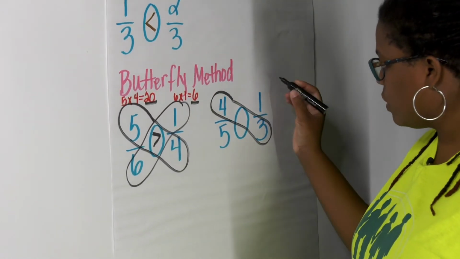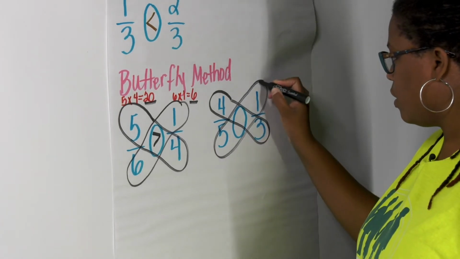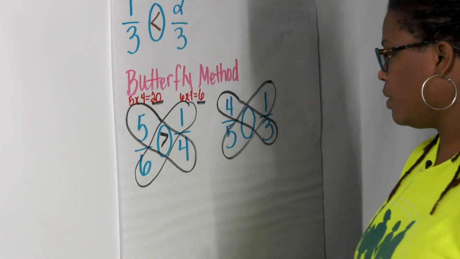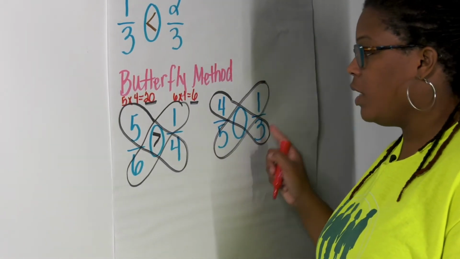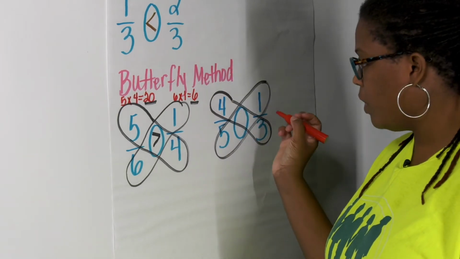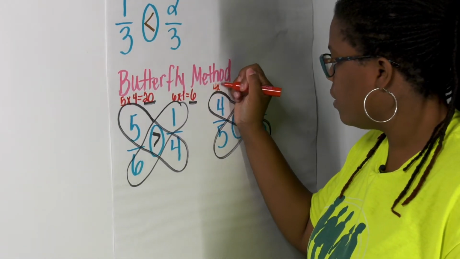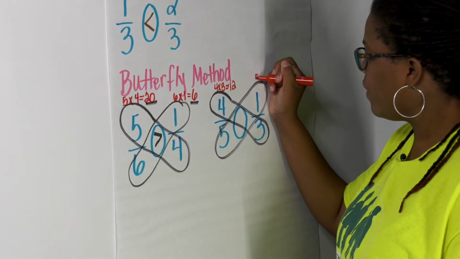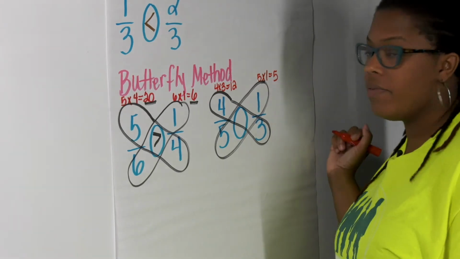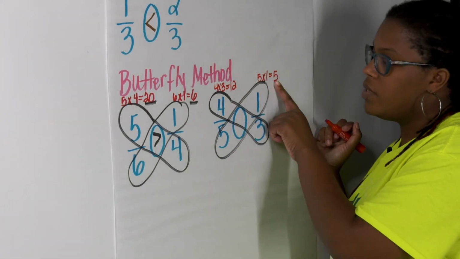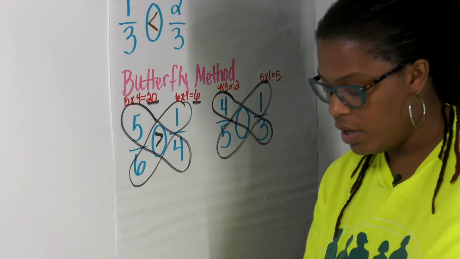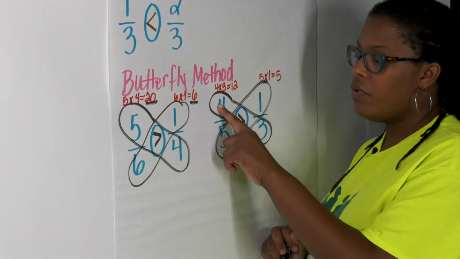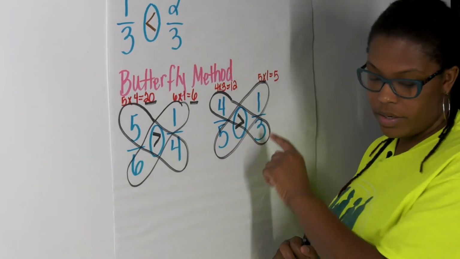It doesn't matter which one you start with when you make your wings, as long as you create both of them. And then we're going to multiply. So 4 times 3, this wing here at the top from left to right, which is 12. And then we have 1 times 5, or 5 times 1, which is 5. And compare the numbers. 12 is what compared to 5? 12 is greater than 5. So 4/5 is greater than 1/3.